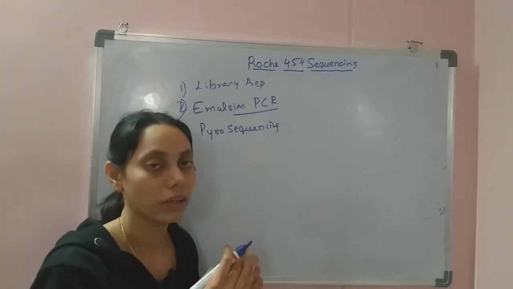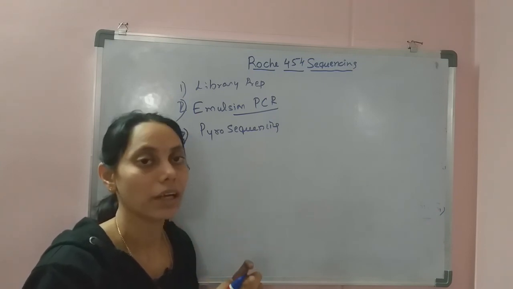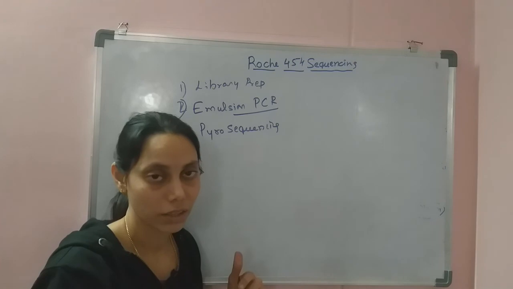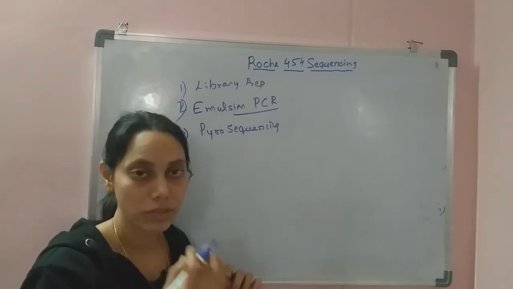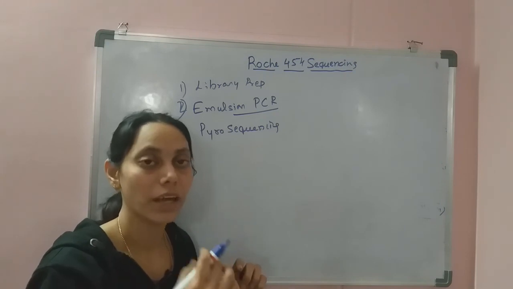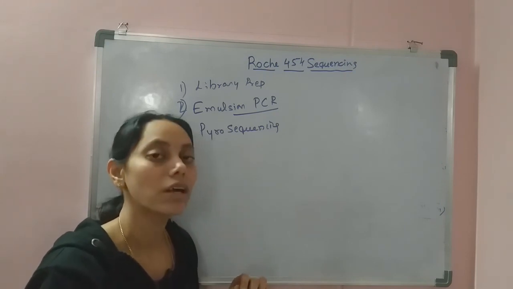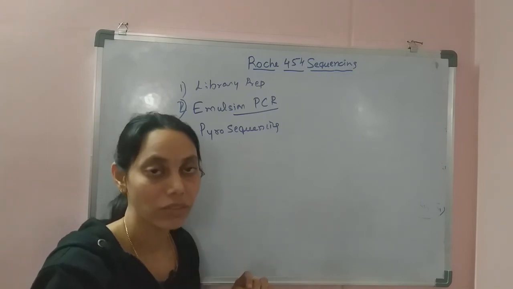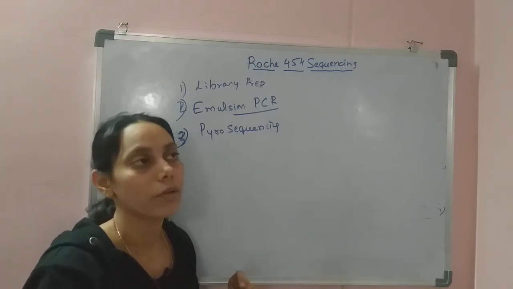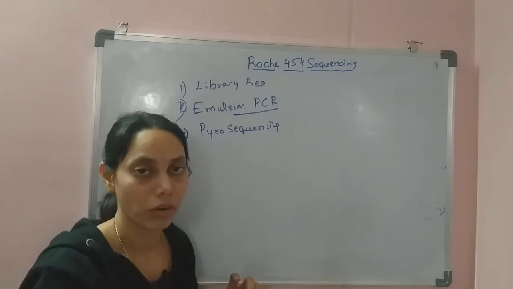So one type of nucleotide is added at once, followed by the other types. Once a single type of nucleotide is added, we check for the wells which give the light signal, and those signals will be recorded.